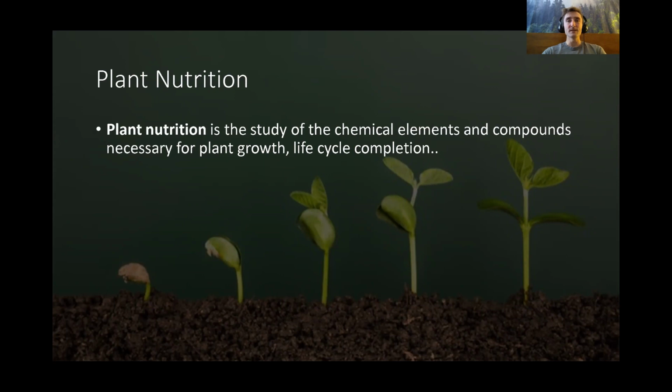So oftentimes in a plant's life cycle, we will observe two main times when nutrients are needed. And that's when the plant is in a rapid growth phase, and then we'll need additional nutrients when the plant is ready to reproduce, ready to make a flower or develop that pollinated flower into a fruit.